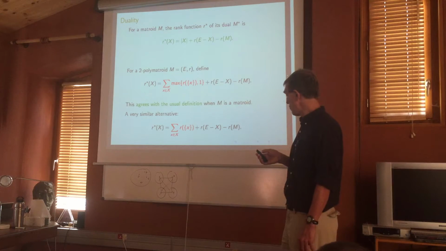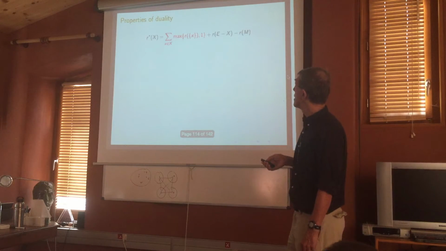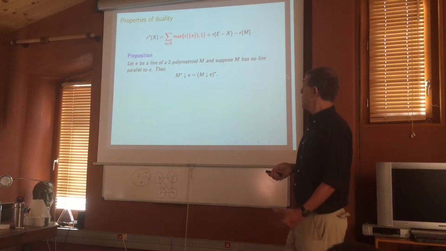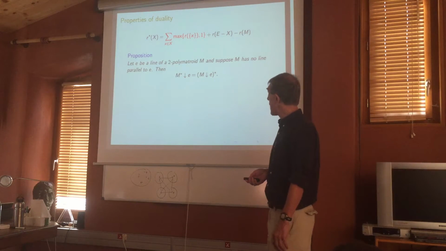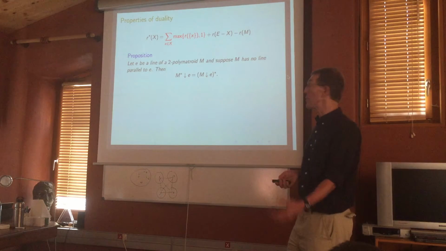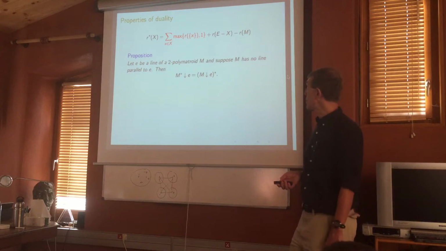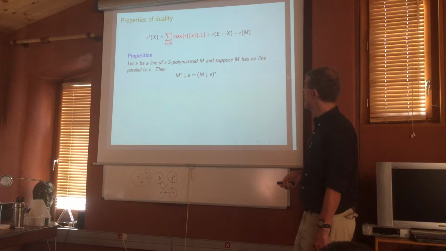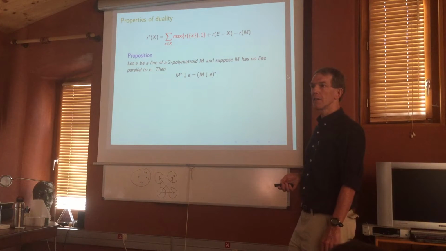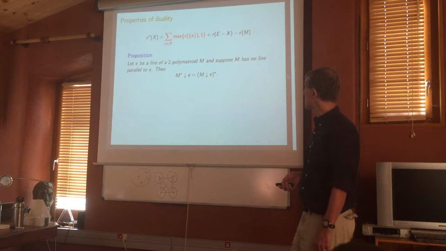But this is the version that I'm going to talk about. It behaves nicely with respect to duality and compression: if you take the dual and you compress, it's the same as compressing and taking the dual. You need a little condition about having no parallel line. So that's kind of nice.